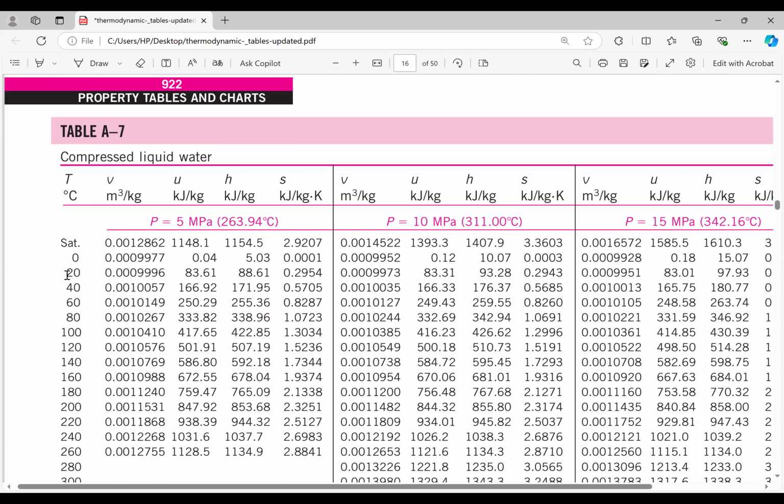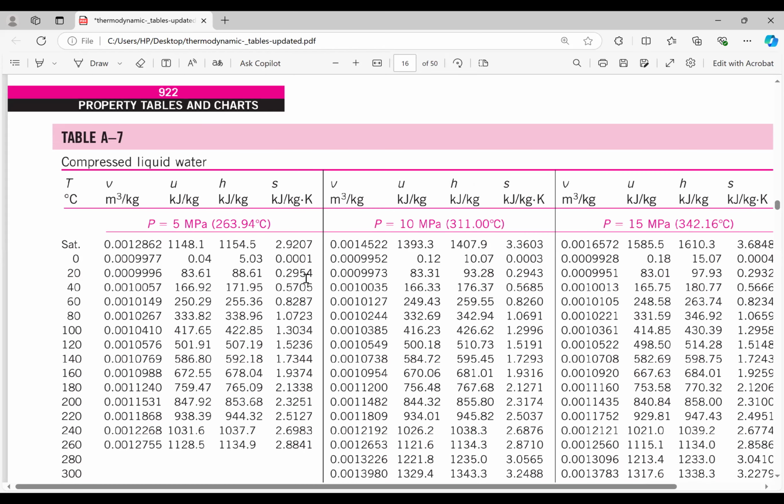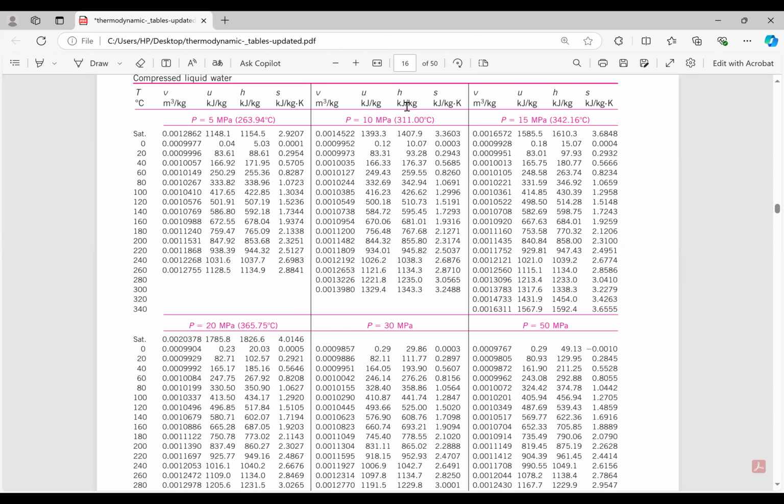So if I am at 20 degrees Celsius, I am way below that temperature. So it means that I'm compressing the liquid. I'm bringing the liquid molecules closer together. I'm making it cooler, right? So we can also read the properties from tables as well for some materials. Okay.